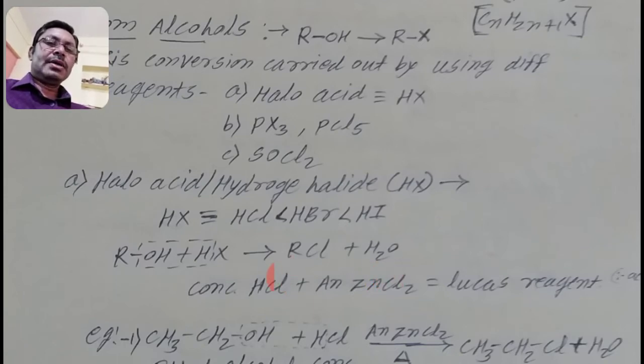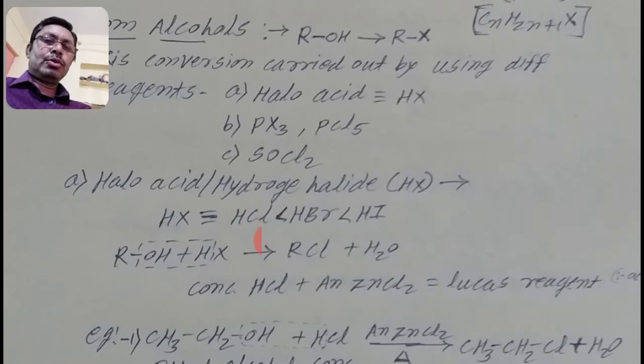In that reaction, we get RCl, that means an alkyl halide, with a water molecule. Here it is actually RX, but I am directly writing RCl. That conversion does not go easily because it is a weak haloacid.